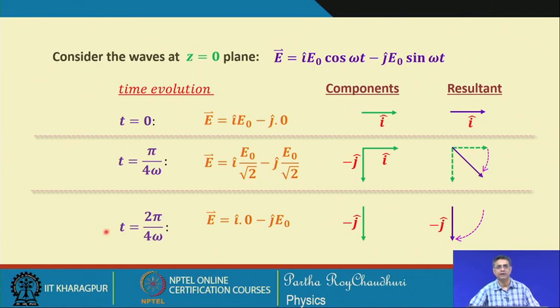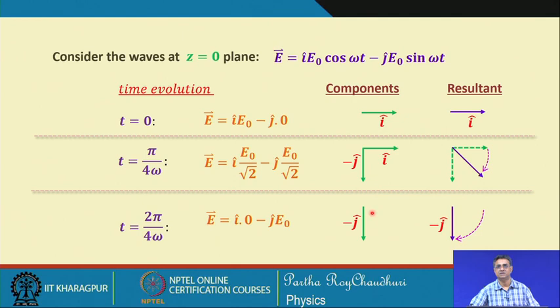And in this way, if you consider twice π/(4ω) for this time, then this quantity will become 0 and this quantity will become equal to E0, because sine of π/2 will become 1. So the entire amplitude is now along the minus y direction.